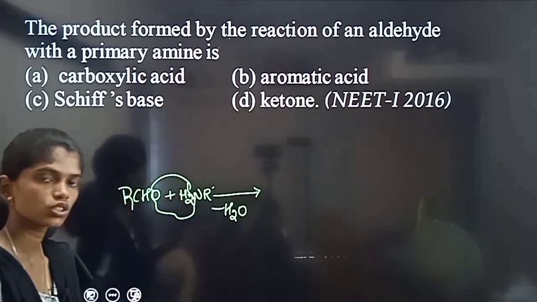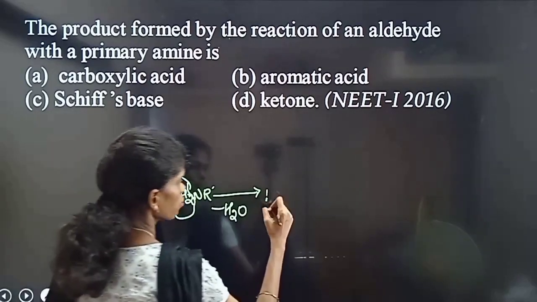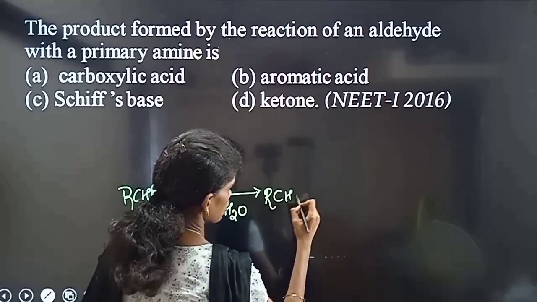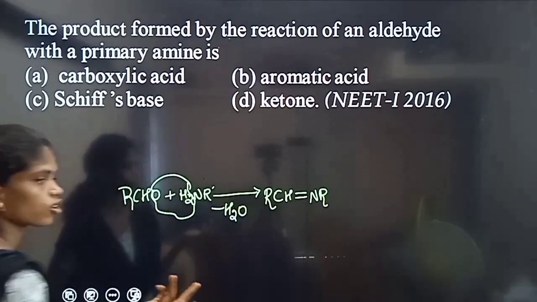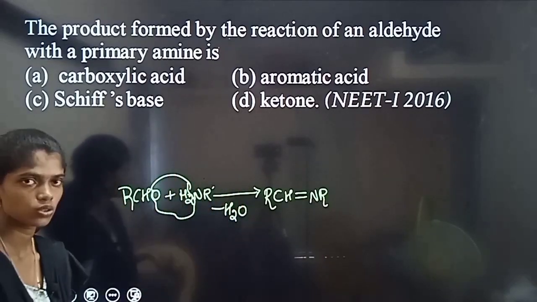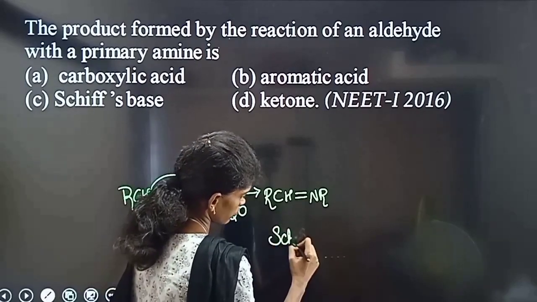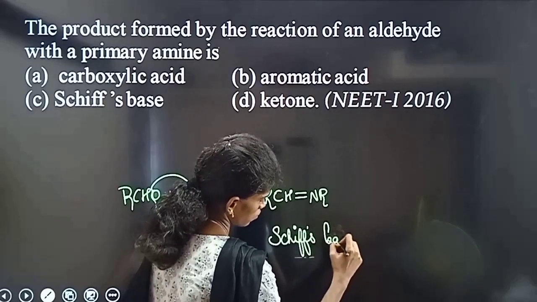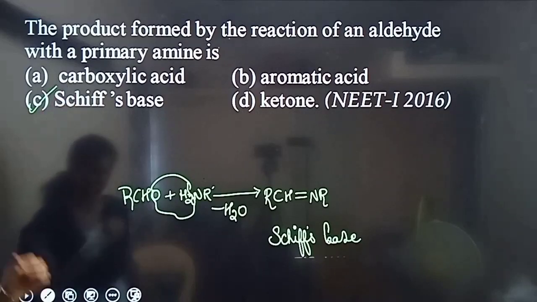We have already seen these in reactions of aldehydes and ketones. So this will be condensed and form RCH double bond NR. So this is not a carboxylic acid, not an aromatic acid or ketone. It is called Schiff's base. So option C is the right answer.